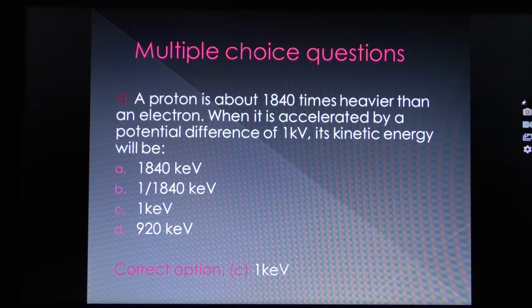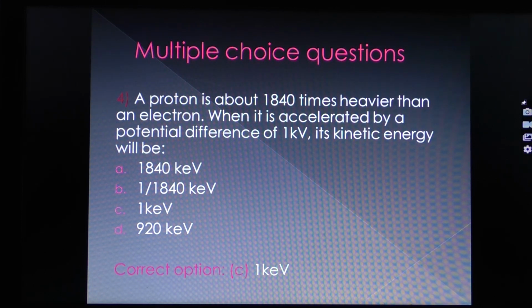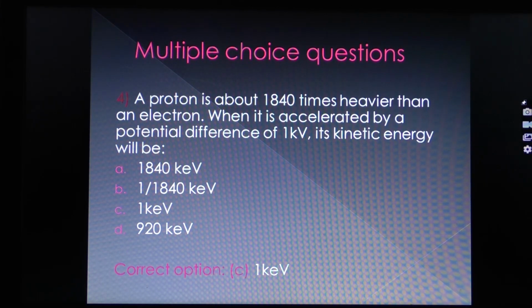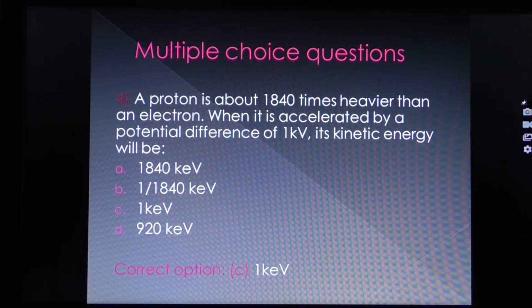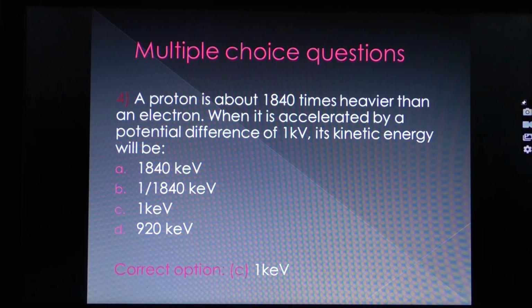So when you put the values of V and q in the equation W is equal to q into delta V, q means e, so e multiplied by delta V. What is delta V? 1 kilovolt. So what do we get? 1 keV. So the correct option is C, 1 keV. How will you find it? You will find it from the equation W is equal to q into delta V.